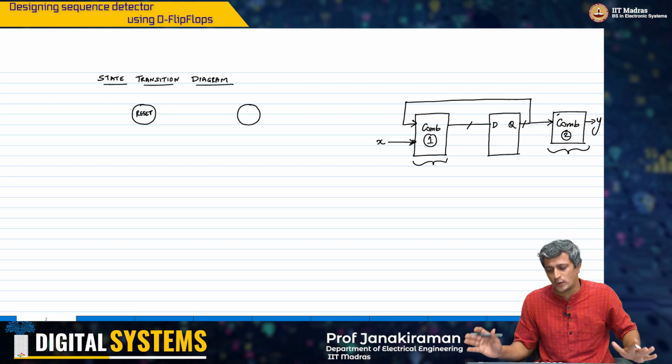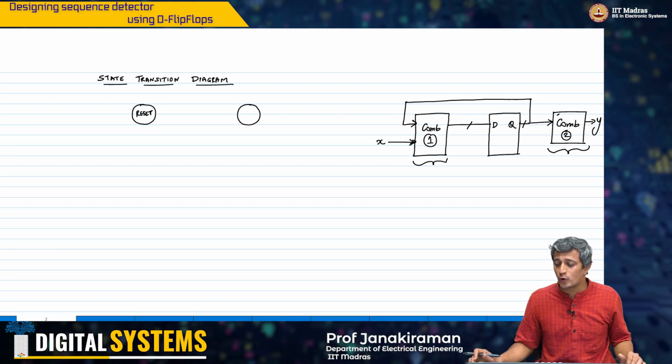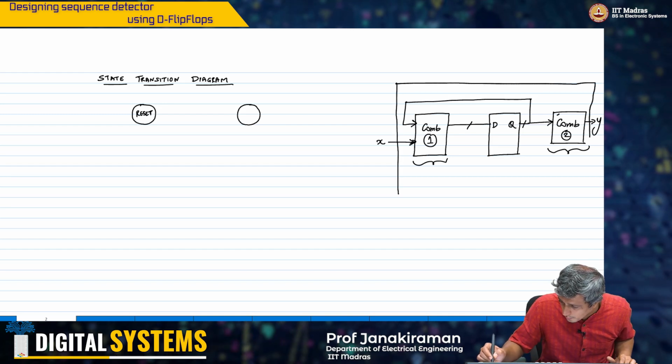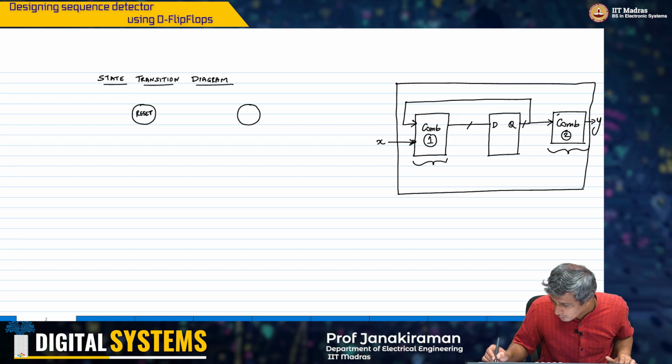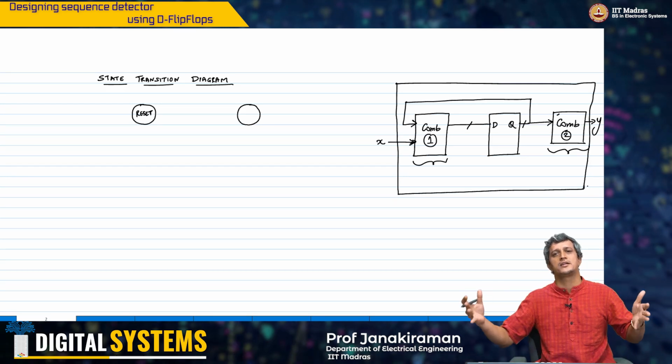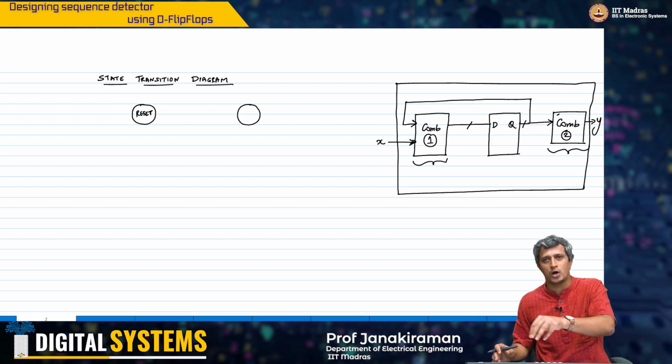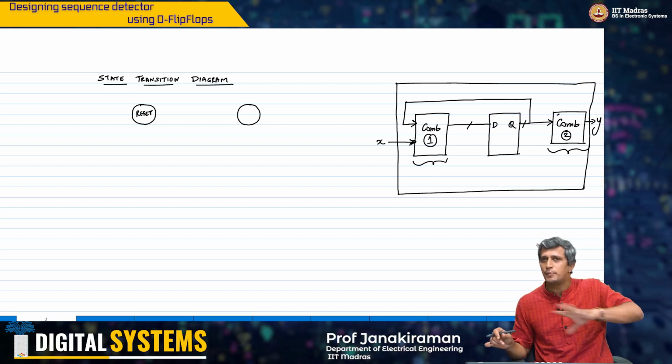this particular sequence. If I just isolate this system out, there is an input X, there is an output Y that we are looking at. The internal flip-flops, the states, all that stuff is immaterial to us.